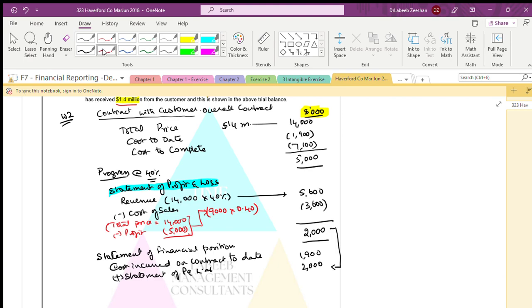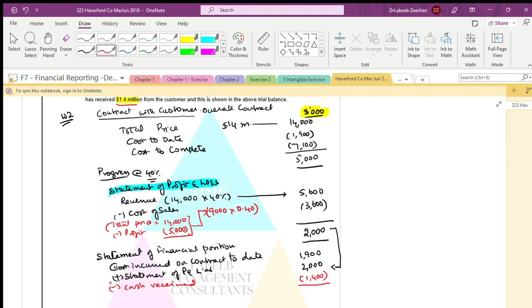Fine. Next, how much cash have we received? Cash received is 1.4. This is the cash received. Next, what is the difference?